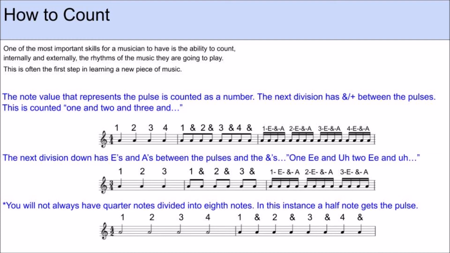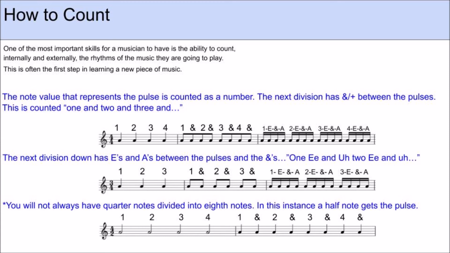Again, because when we divide time, we're making sure that every pulse and every division of every pulse is represented equally across time. The time that it takes to say 1, 2, 3, 4 does not change. I will demonstrate this by counting just quarter notes, and then eighth notes, and then quarter notes again.